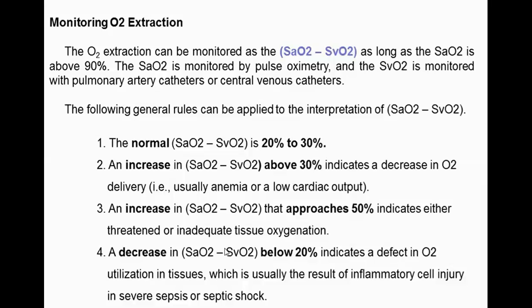Not in shock, in tissue hypoxia. If there is cyanide poisoning, cytotoxic hypoxia, or sepsis, there are inflammatory mediators and death of the cells. Or with cyanide poisoning, the oxidative enzymes of the mitochondria are inhibited, so the tissues can't extract oxygen. The venous return will come back with high oxygen content, the difference will be very small, and the extraction will be very low. Clear?